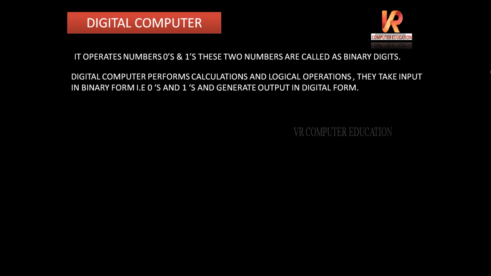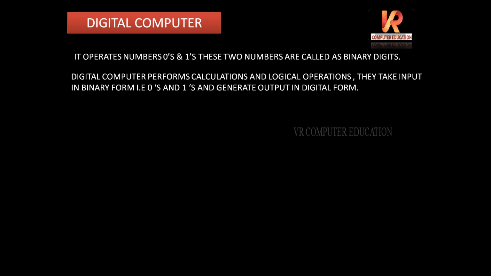They take input in binary form, that is zeros and ones, and generate output in digital form only. They perform arithmetic calculations like addition, subtraction, multiplication, and logical operations like comparisons, selections, lesser than, greater than. Logical operations also a digital computer will perform.